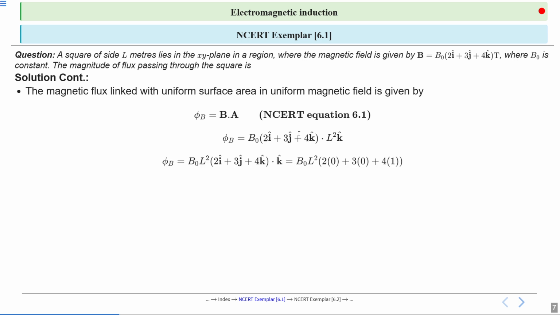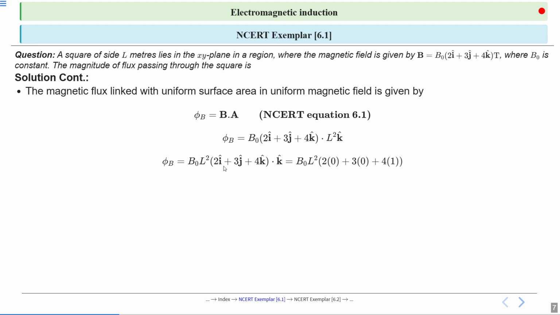So now we will do the dot product of both these quantities. So B naught L square is a constant, so we will write it in the beginning of the equation. They are constant, they will not participate in the dot product. So in dot product there is (2i cap plus 3j cap plus 4k cap) dot k cap.